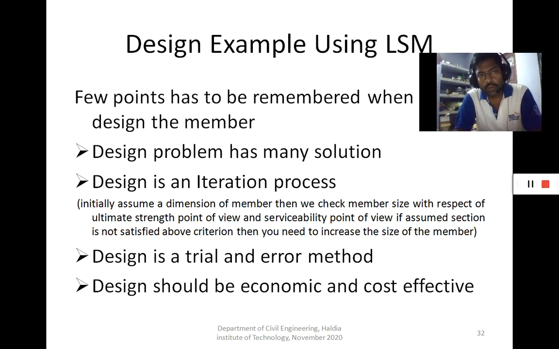One is the analysis type of problem, another is the design type of problem. In an analysis type of problem, such a problem has one and unique solution, whereas a design problem has many solutions.